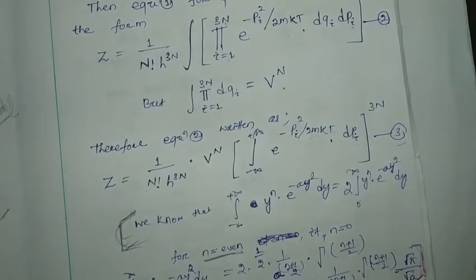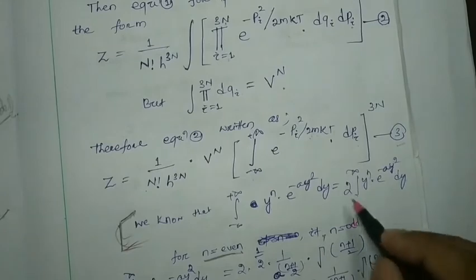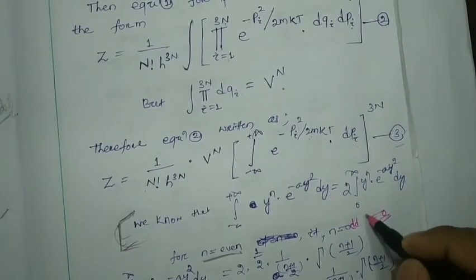But if n is odd, then the integral value will be 0.